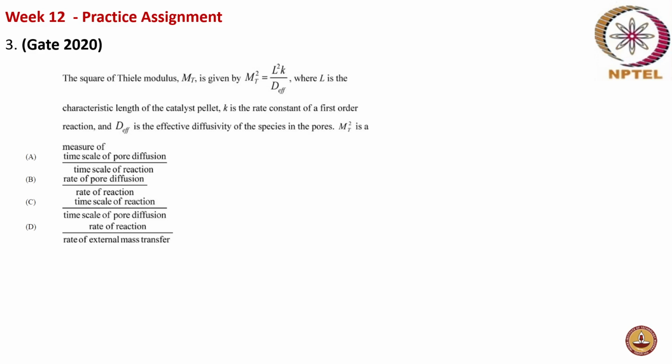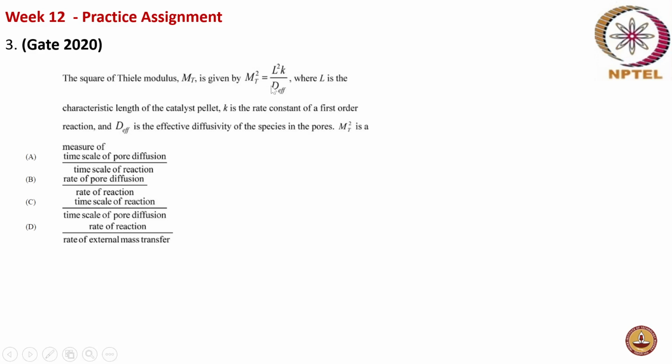So is MT square a measure of time scale of pore diffusion by time scale of reaction, or is it a measure of rate of pore diffusion by rate of reaction, or is it a measure of time scale of reaction by time scale of pore diffusion, or is it a measure of rate of reaction by rate of mass transfer? So which of these is true?